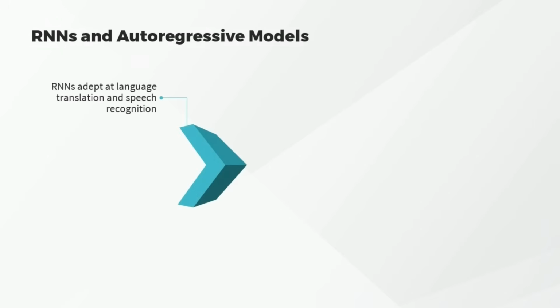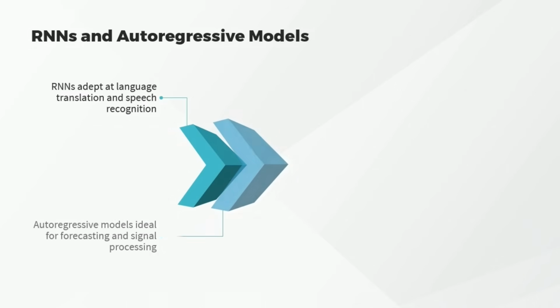Okay, recurrent neural networks and autoregressive models. So recurrent neural networks, RNNs, and autoregressive models are indispensable for processing sequential data. RNNs are adept at tasks like language translation and speech recognition, while autoregressive models excel in forecasting and signal processing.